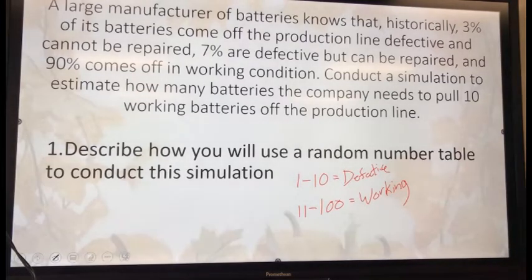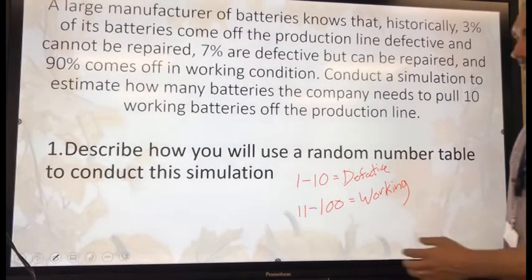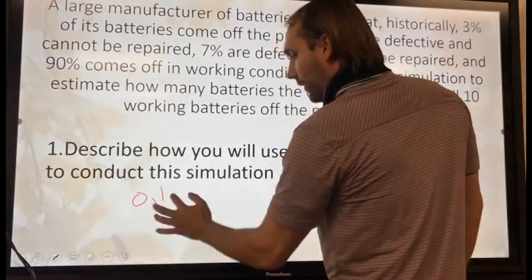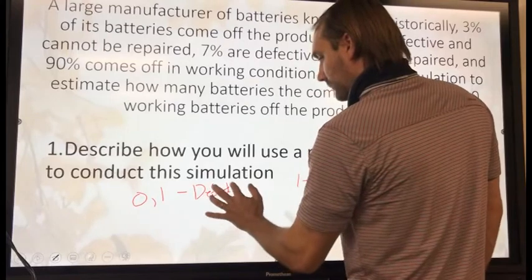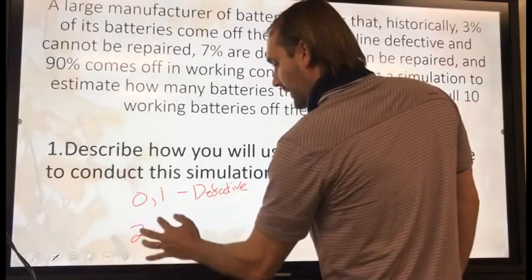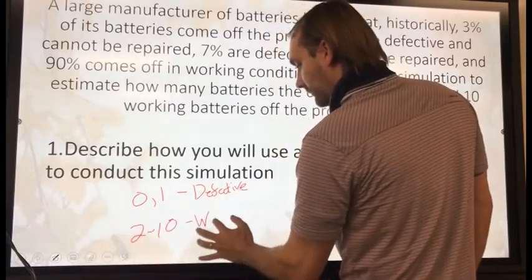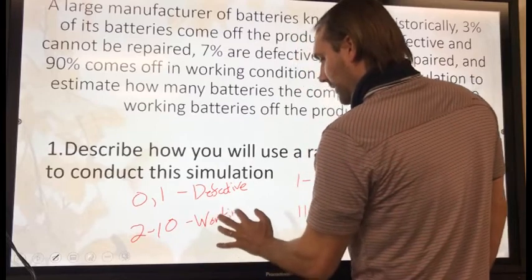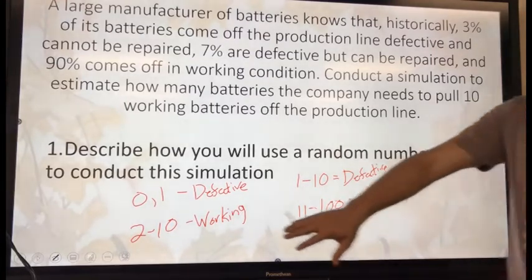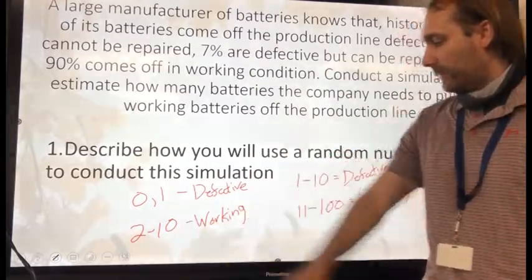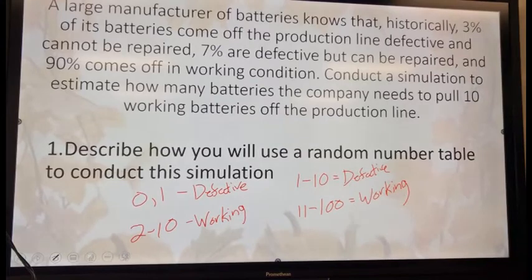You can shorten this by dividing by 10 and say 0 and 1 equals defective, and 2 through 10 equals working. A lot smaller range, might be a little bit easier to work with. But still, same thing: 10% are defective, 90% are working.